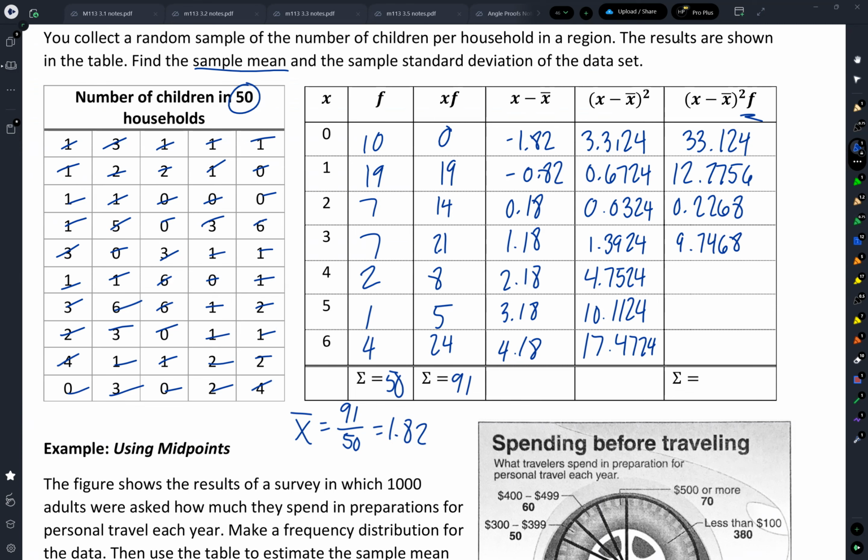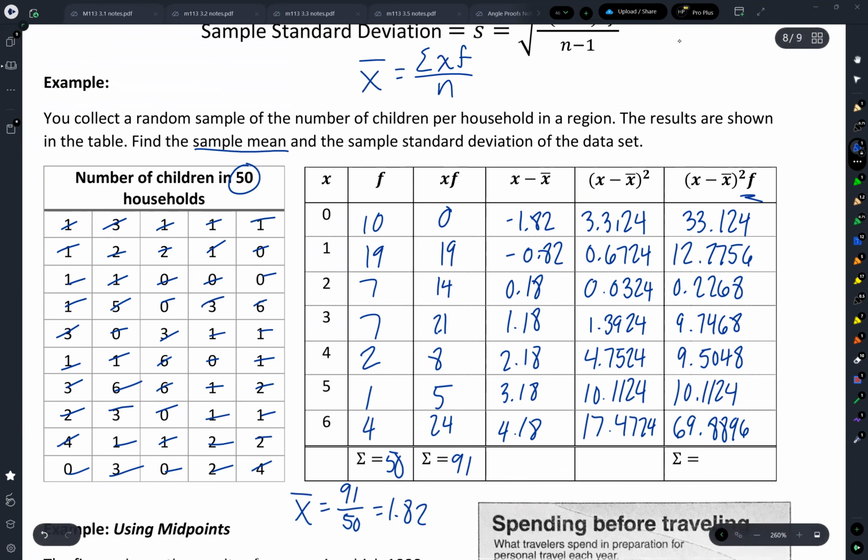Then 4.7524 times 2 is 9.5048. Then 10.1124 times 1, of course, is 10.1124. And lastly, 17.4724 times 4 is 69.8896.